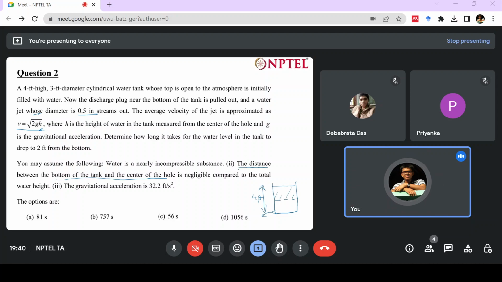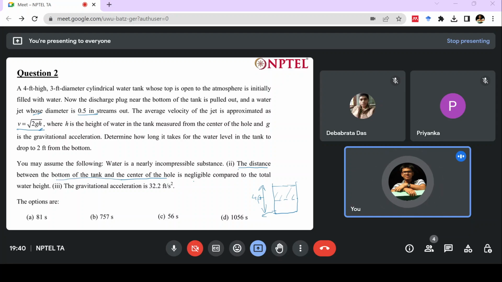So 2 feet is the minimum, and between 2 feet and 0.5 inches there is a lot of difference, so we can simply assume that to be negligible. The other assumptions are that water is incompressible, and the gravitational acceleration is constant. That's good.